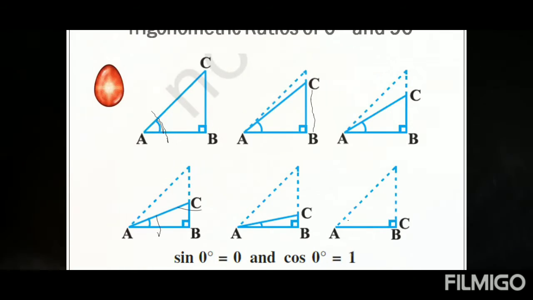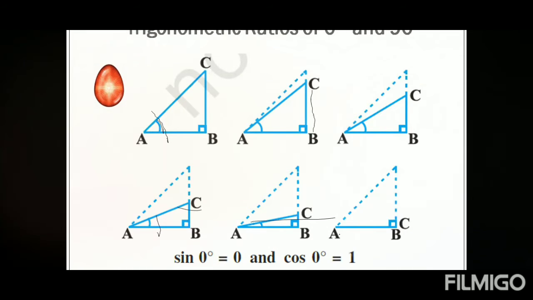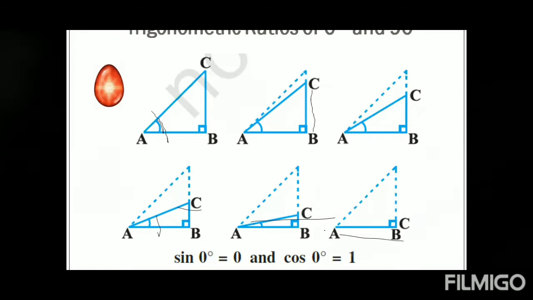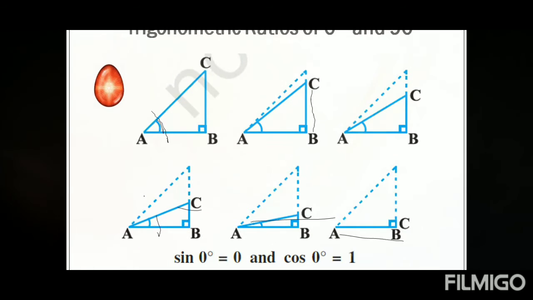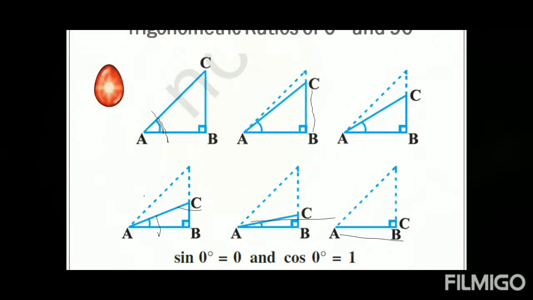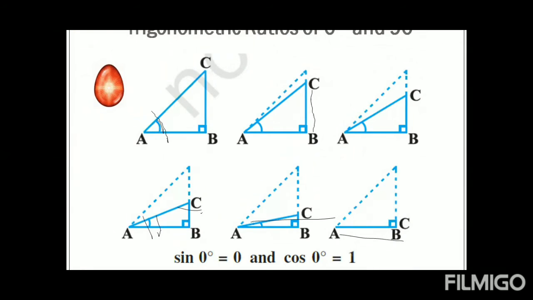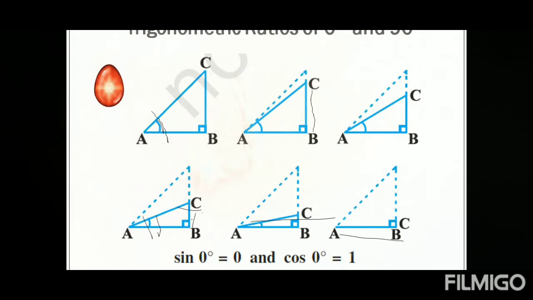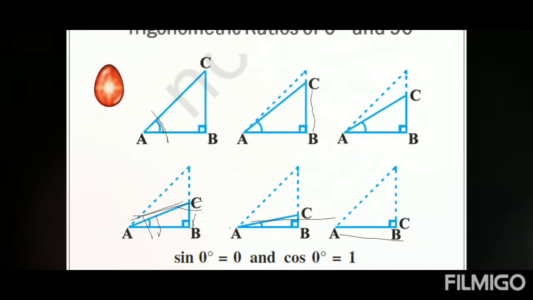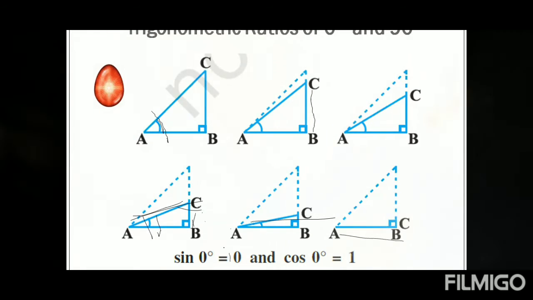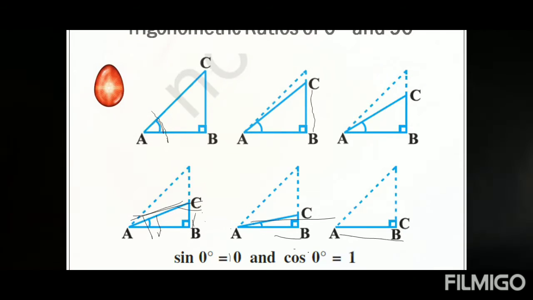So at last, AC will come in the same line as AB. And then we will be finding sine 0 degree from angle A, opposite by hypotenuse, that is CB by AC. And next, cos 0 degree equals 1.